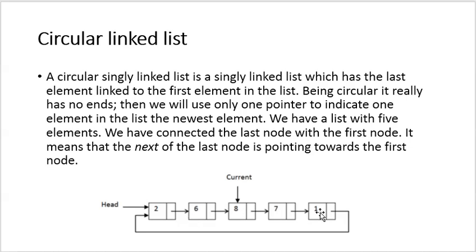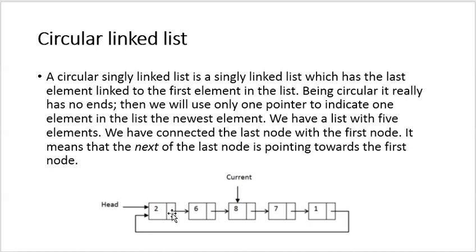But it has one thing different: the last node will be pointing to the first node. This is the difference of the circular linked list from the singly linked list and also from the doubly linked list. A circular linked list has the last element linked to the first element in the list. Being circular, it really has no ends.